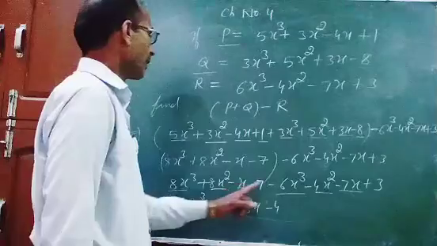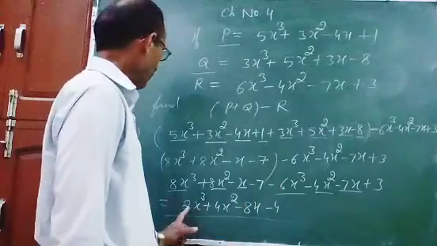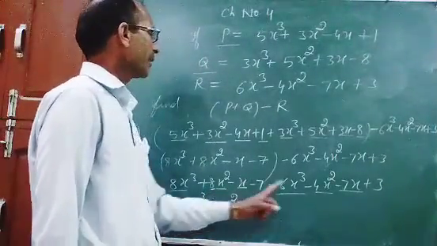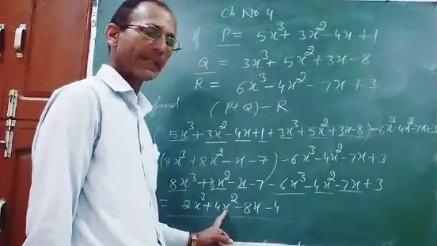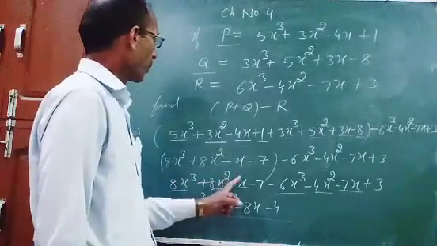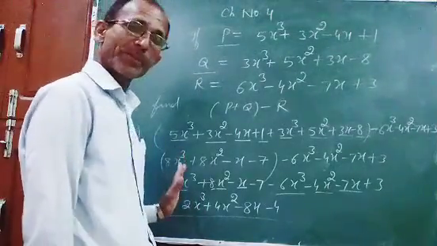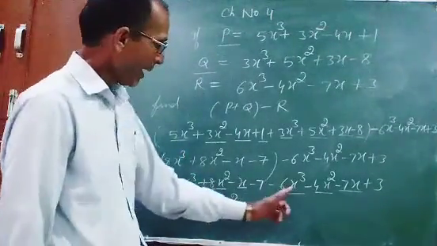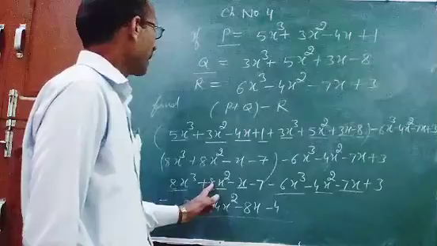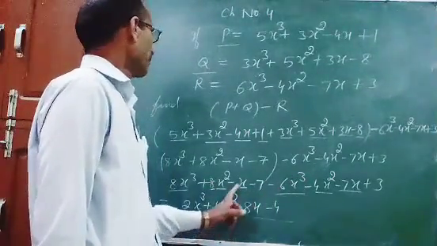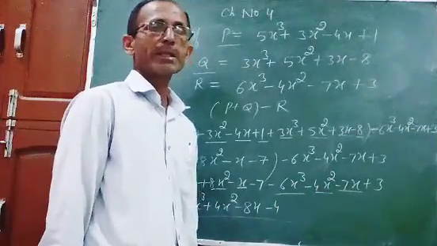Here 8x cube and this is minus 6x cube, so from 8 subtracting the sign-changed 6x cube, we get 2x cube. Like terms are always added or subtracted. Don't subtract x from 8x cube, because these are not like terms. Like means same base and same powers. So x cube terms are like terms. So 2x cube plus 4x square minus 8x minus 4. This is the solution.